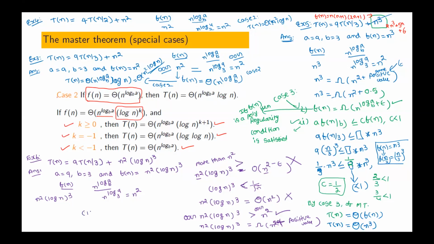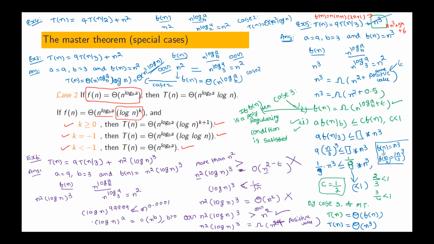We have already learned that log n power anything you take, its order of growth is strictly lower than n power 0.0001. This we learned, no? In general, log n whole power a is little o of n power b, where b is greater than 0.